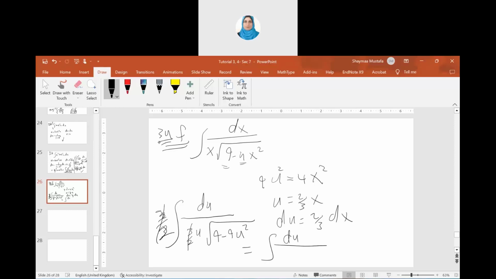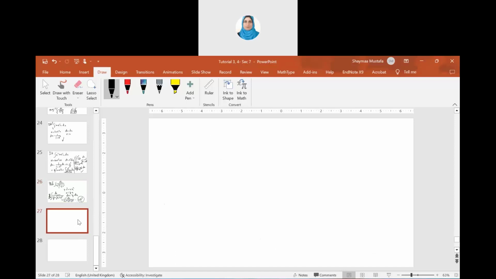So you have du over the square root of 9, which is 3 outside, and 1 minus u squared. This one I think is sech inverse or cosh inverse. I don't remember. You need to check this integration. Check the formula; I think it is sech inverse if I'm not mistaken.